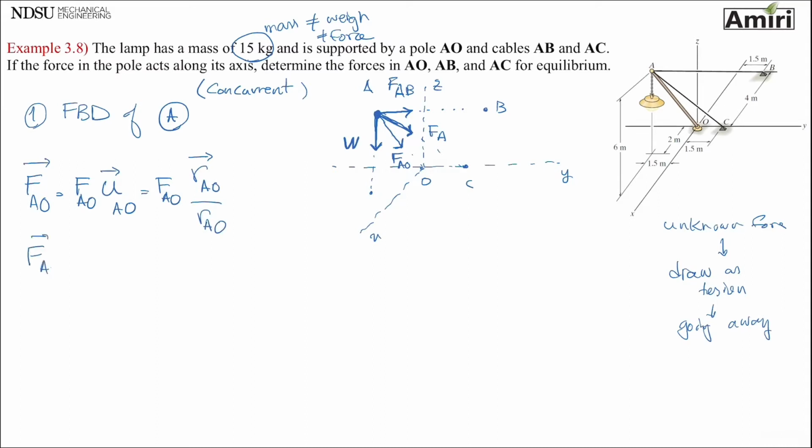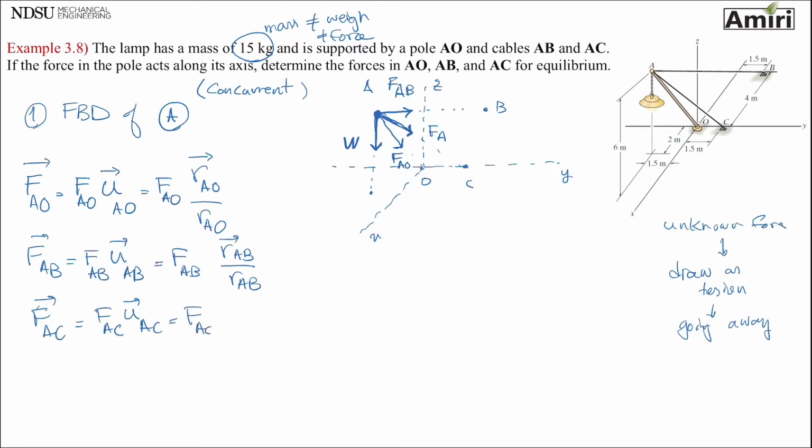Force AB equals FAB, unit vector of AB, FAB, position vector AB divided by magnitude AB. FAC, you guessed it, magnitude AC, unit vector of AC, FAC, position vector AC divided by magnitude of AC.